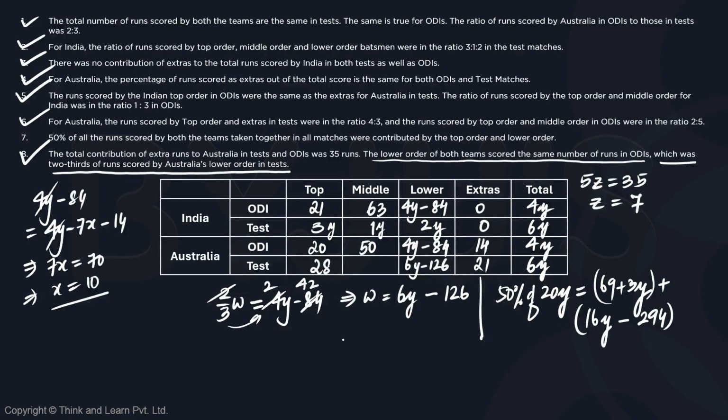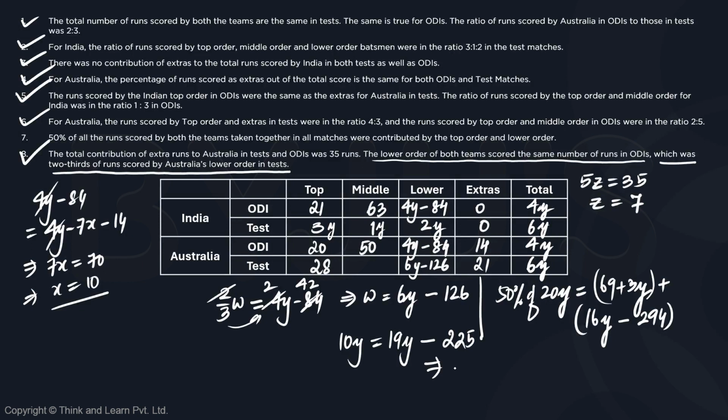So 50% of 20y is 10y, which is equal to 16 plus 3, 19y, minus 294 minus 69. This is going to give us 225.